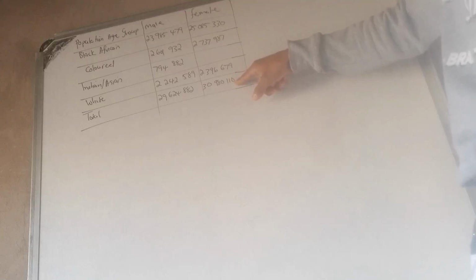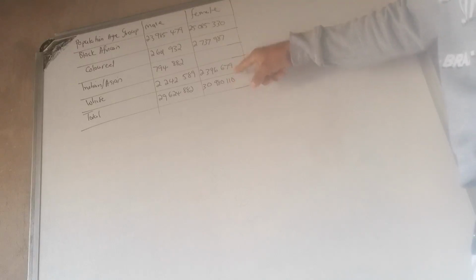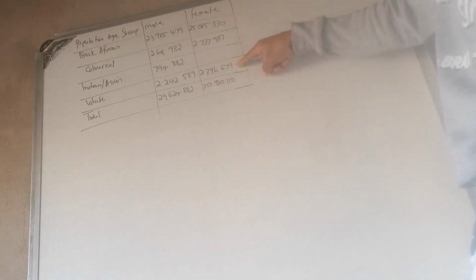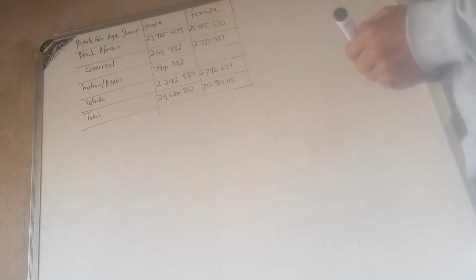So what am I going to do here? I can add all these three, and then take the bigger value and subtract the sum of these, and that should give me the answer.